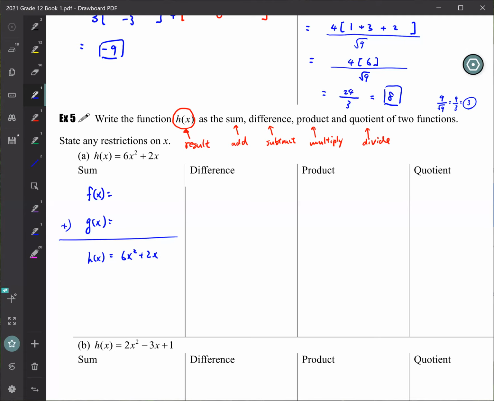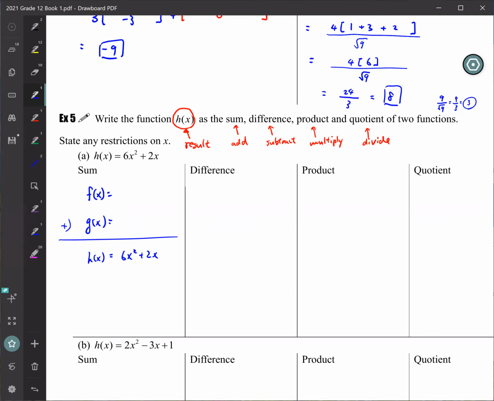Okay, so I'll let you guys try. I won't say anything yet. I want to see what you guys think. What will be your two functions added together to make the h of x? Once you got the two functions, please raise your hand. We should get different answers from some of you. Then we'll get to see how everybody's mind works differently.